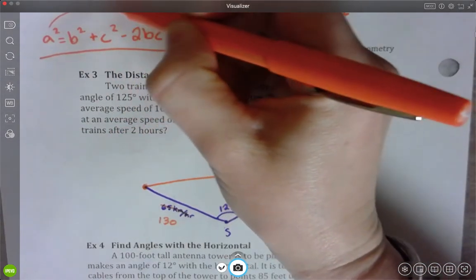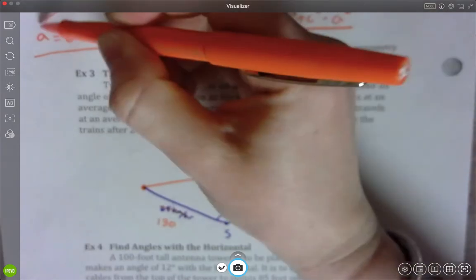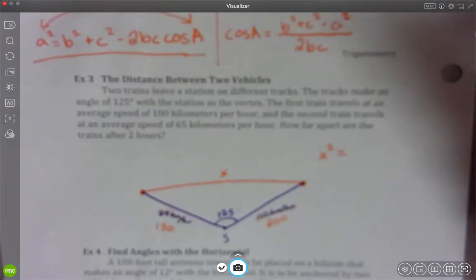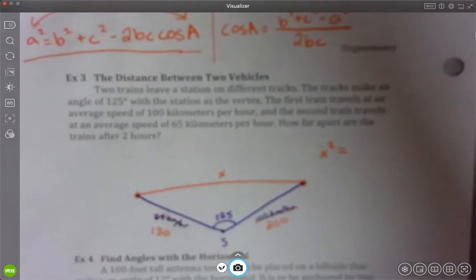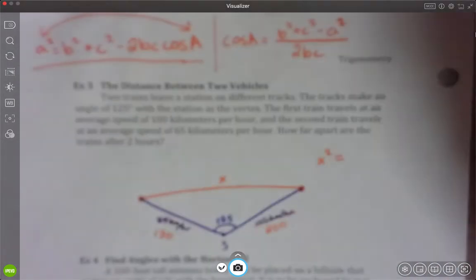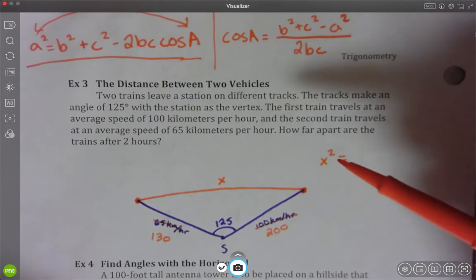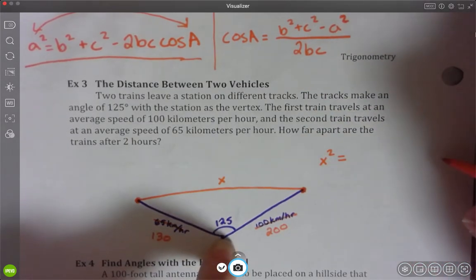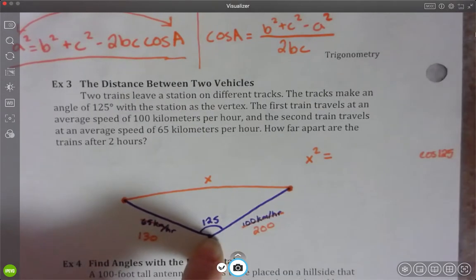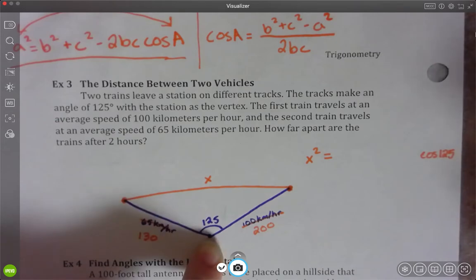These two things are opposite each other. This one is the angle, this one is the side. Thankfully, they give us the angle that's opposite the side of x, or the side of a, and that's 125 degrees. So over here I'm going to have cosine of 125 degrees. Then I just have to plug in numbers for the other ones.